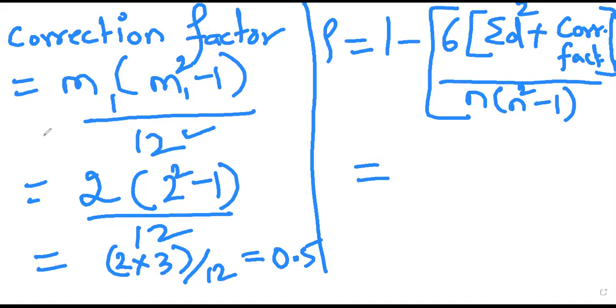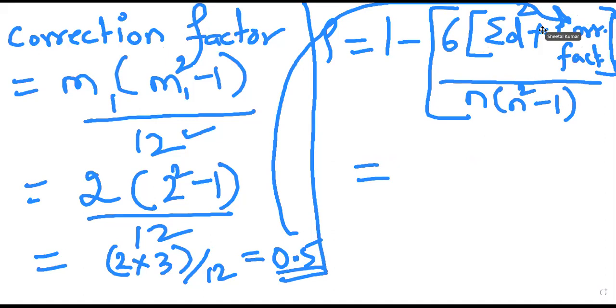The only thing that happens is this correction factor gets added here. Whatever answer you have got, 0.5, that has to be included here.